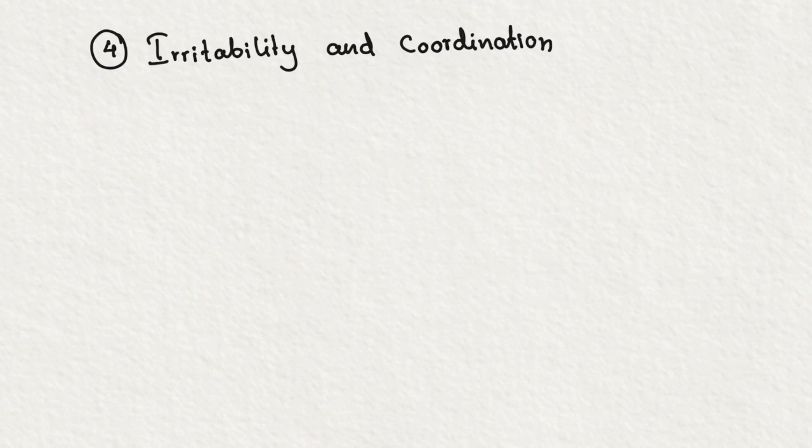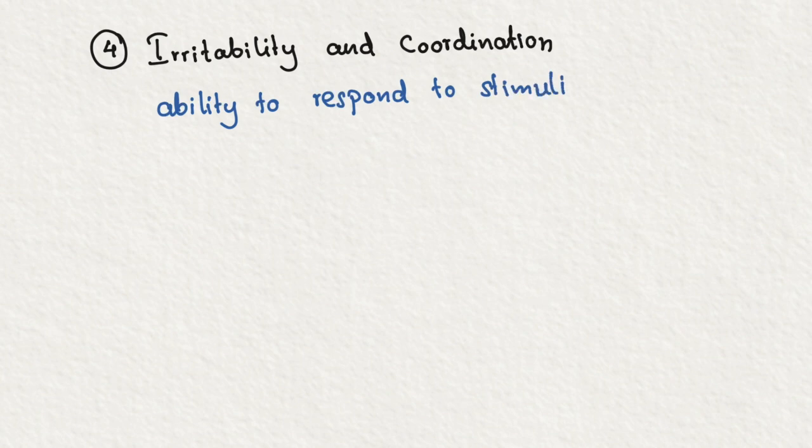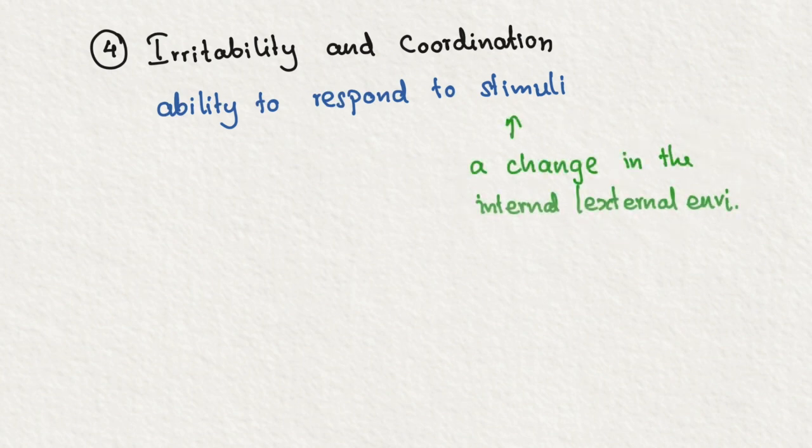It is the organism's potential to respond to stimuli. So what are these stimuli? A stimulus is a change in the environment, a change in the internal or external environment.